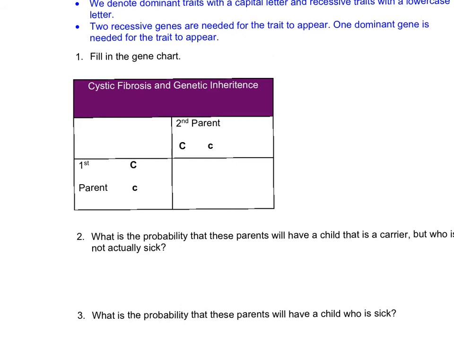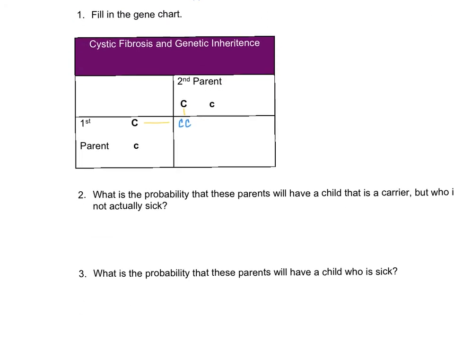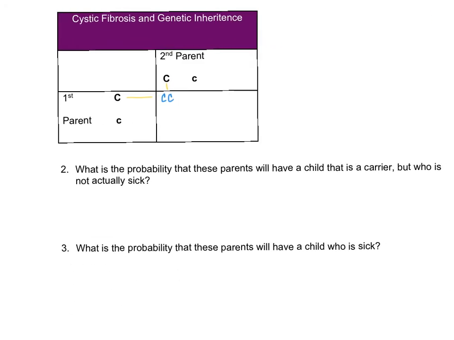So let's say the first parent passes on the big C and the second parent passes on the big C. So that combination would be big C, big C. It's like a multiplication chart. So let's say first parent is big C, second parent gives little c. That combination would be big C, little c.